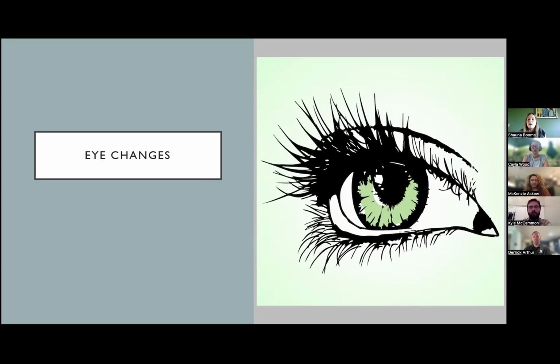So in the manic stage, they tend to say they have sparkling eyes where there's more light reflective in the eyes versus the depressive episodes where there's less light in their eyes. They feel that this is due to the decreased thickness of the retinal fiber layer, which allows those eye changes to be noticed.